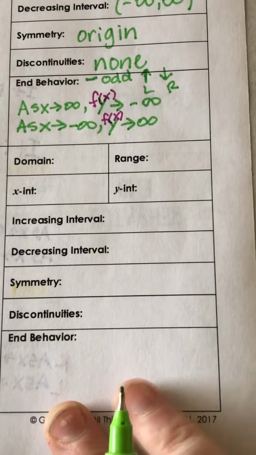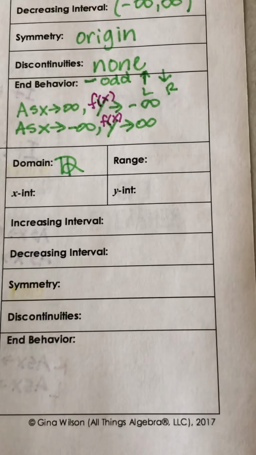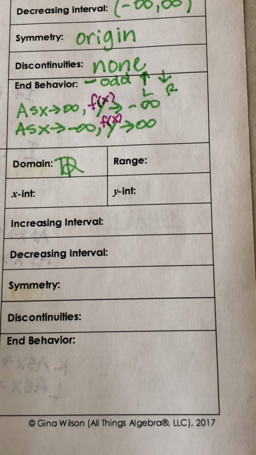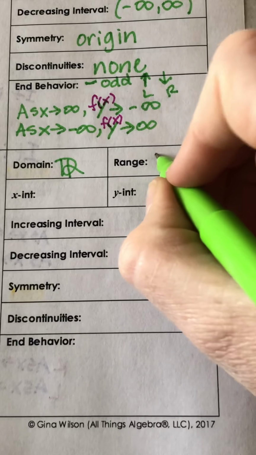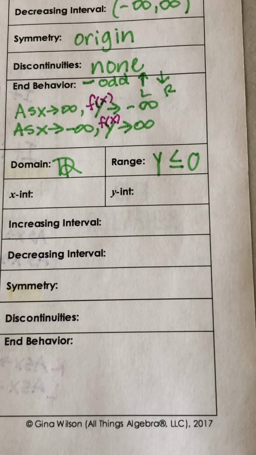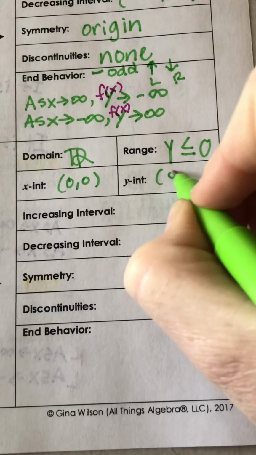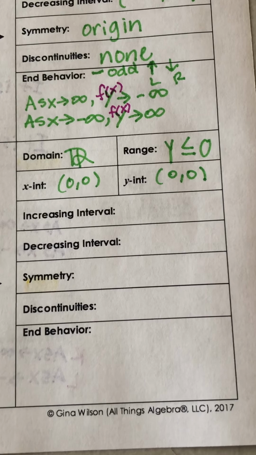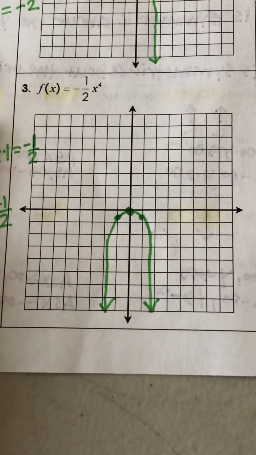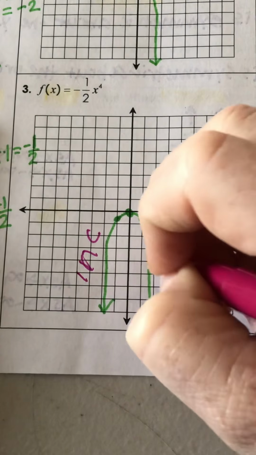All right, so your domain, all real, and now this is a negative even, so our range has flipped. Its y is less than or equal to 0. All right, the x-intercepts and y-intercepts are both the origin. All right, now this one goes up the hill first and then down the hill.